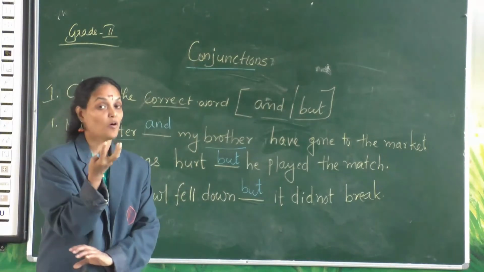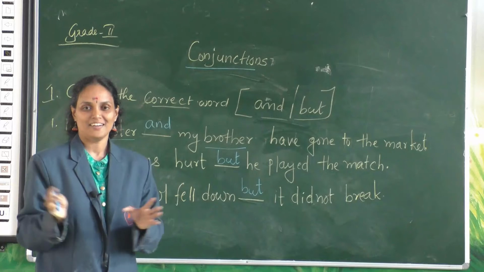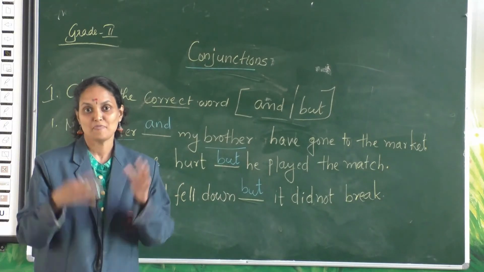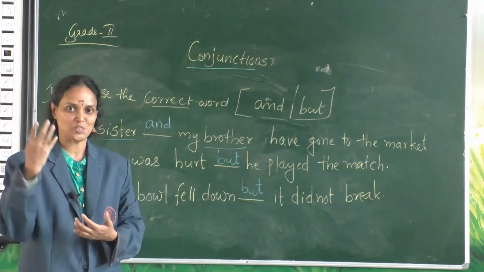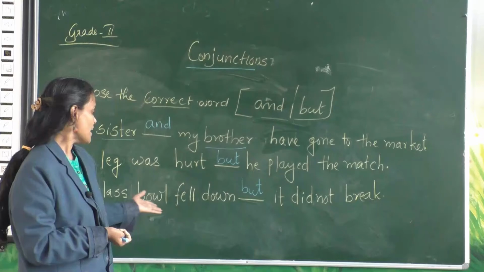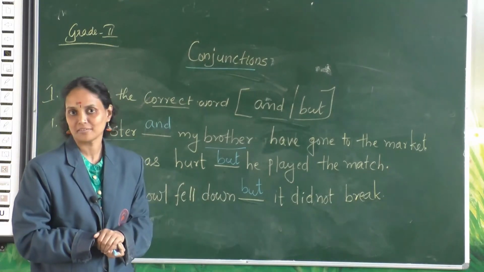If a glass ball falls down, usually what will happen? Obviously, it will be broken into small pieces. Before it reaches the ground, somebody must have snatched it away, I think so, caught it away, I think so. The glass ball fell down, but it did not break.